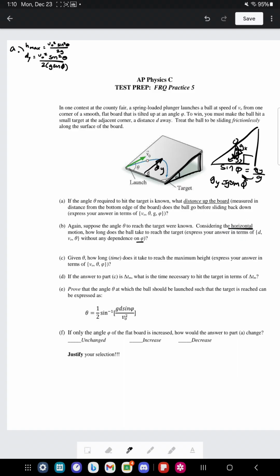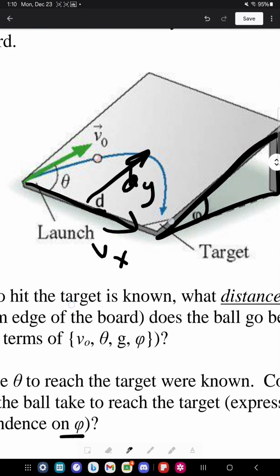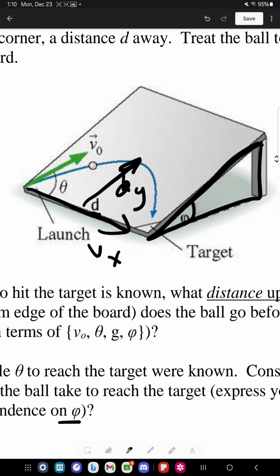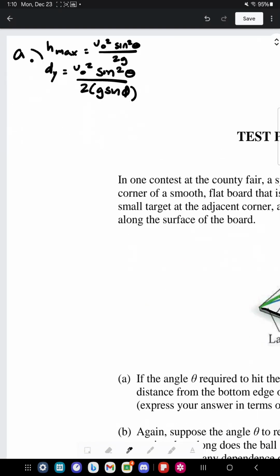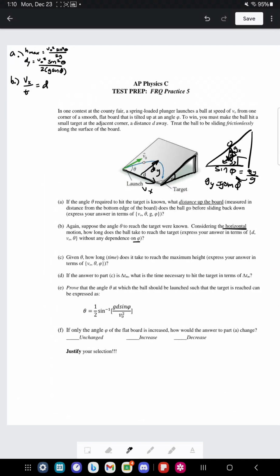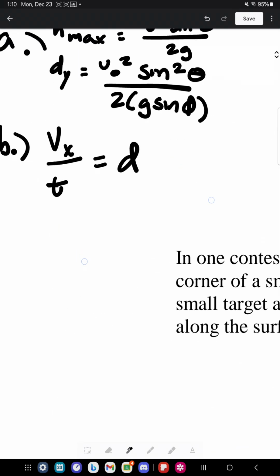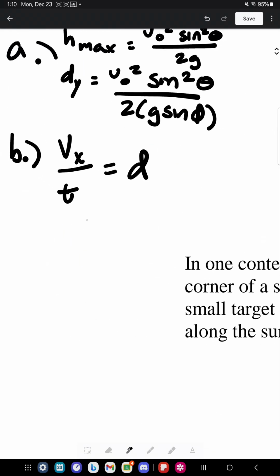There is vx going in the horizontal direction, and as there is no friction and no acceleration acting in the direction of vx, I can say that vx times t equals your horizontal distance d, and this asks us for the time, so we simply isolate for t.